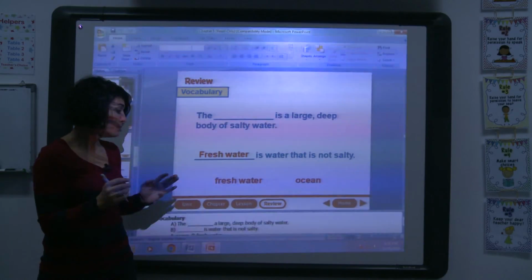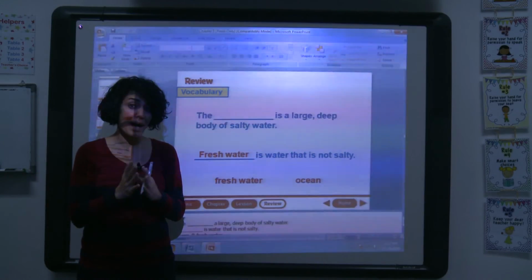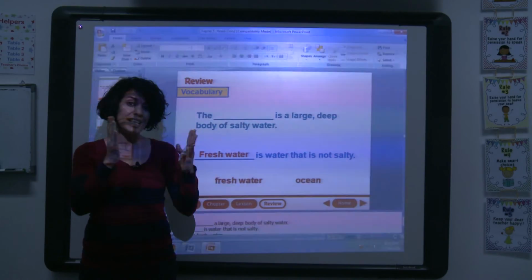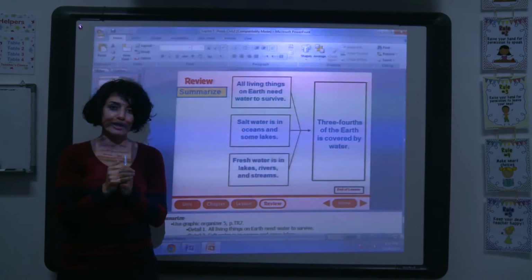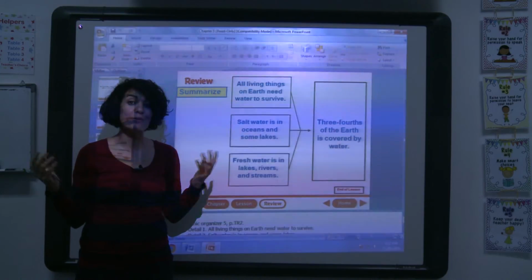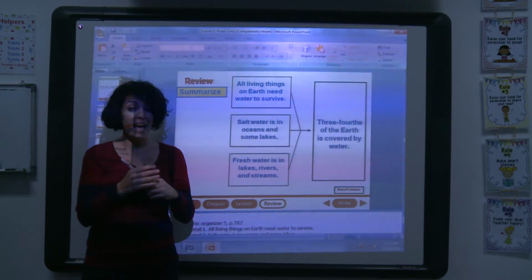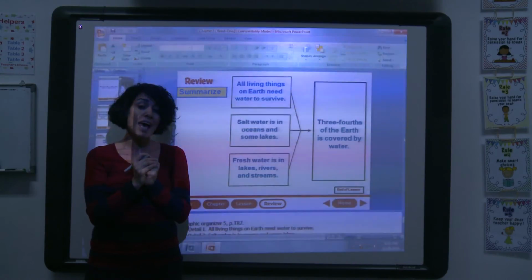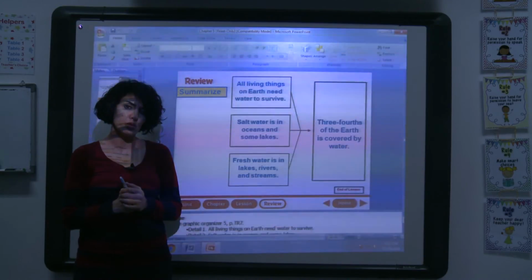I will review. I will sum up. This lesson is about fresh water and ocean. Fresh water is the water that's not salty. It has only a little salt in it. Okay, it's a main need for living things. And how do we get fresh water? Humans build dams in order to supply cities and towns with fresh water.